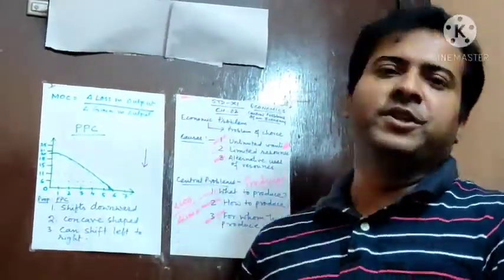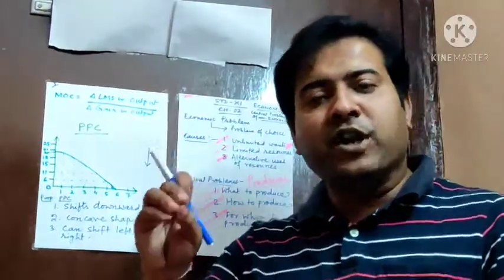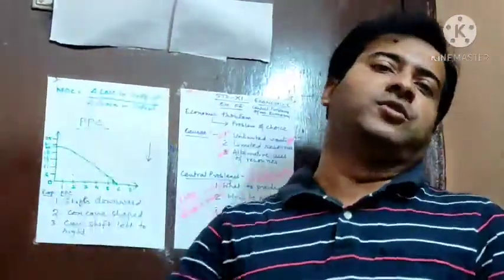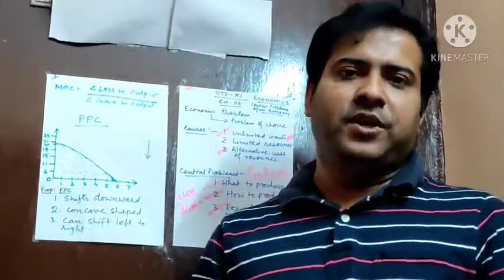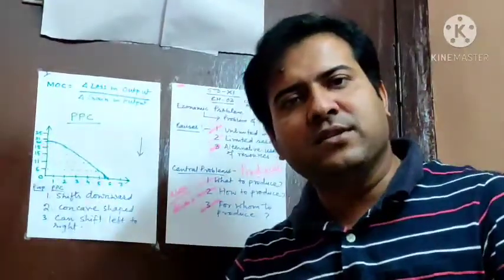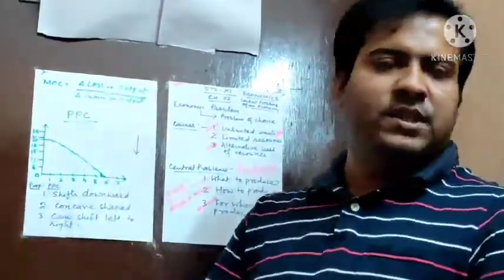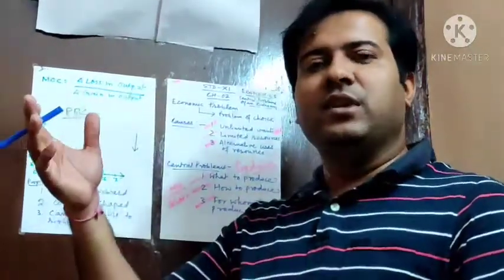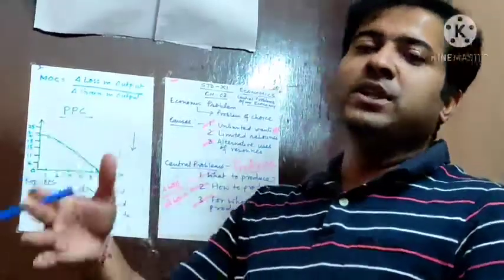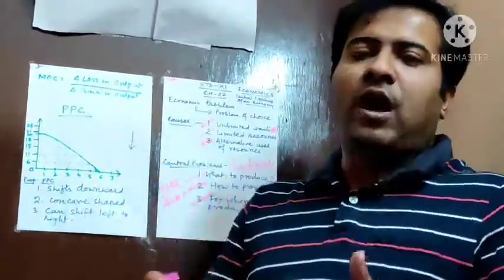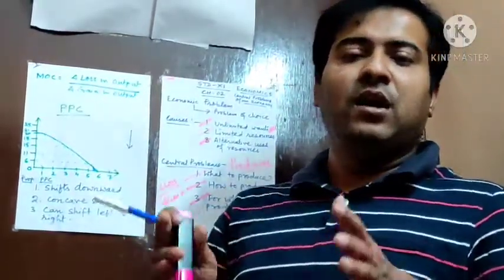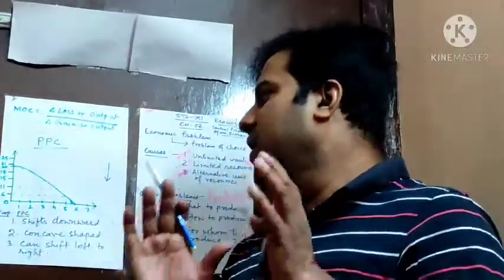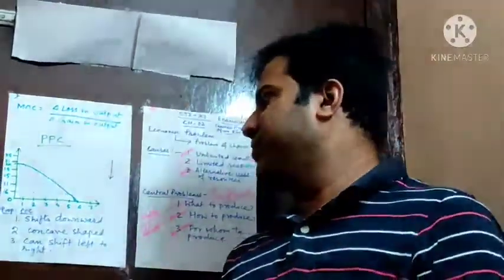It is a graphical representation of production possibility with the extreme available resources, where resources are available at the extreme level, and by using the available resources, how we can produce two commodities. In this curve we can only show the representation of two commodities.